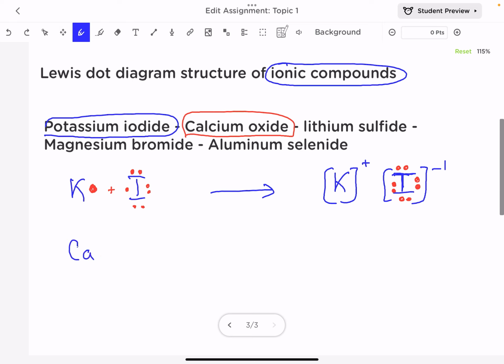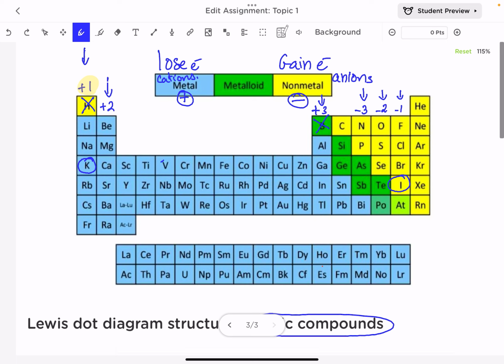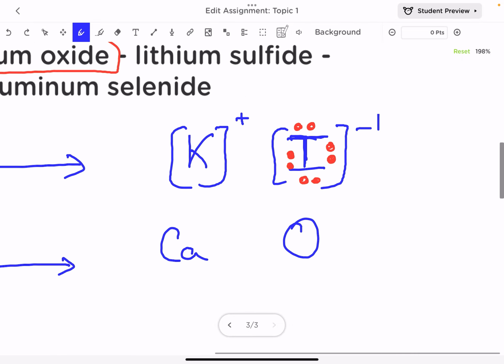Now let's take another example, the calcium oxide. First we write the symbol of the elements before and after the arrow. And then we determine the charges. Here calcium is in group 2, so it's going to have a plus 2. And here's the oxygen in group 16, it's going to gain 2 electrons and have a negative 2 charge. Again, the positive ion, you put the charge without any dot around it.